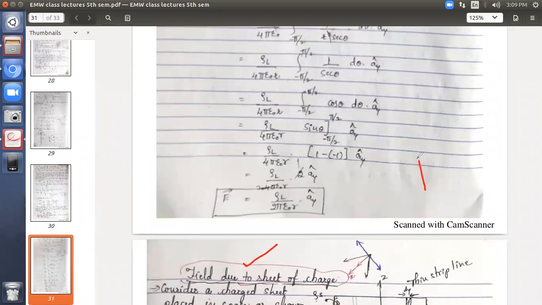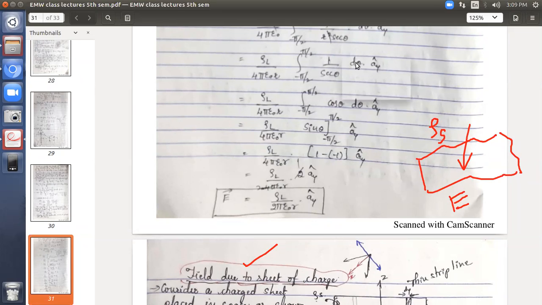That is, we are considering some infinite sheet, some part we will consider, having a surface charge density rho S. Let us see what is the field intensity capital E. Okay, so this will be the third one of the charge distribution, E due to surface charge distribution.